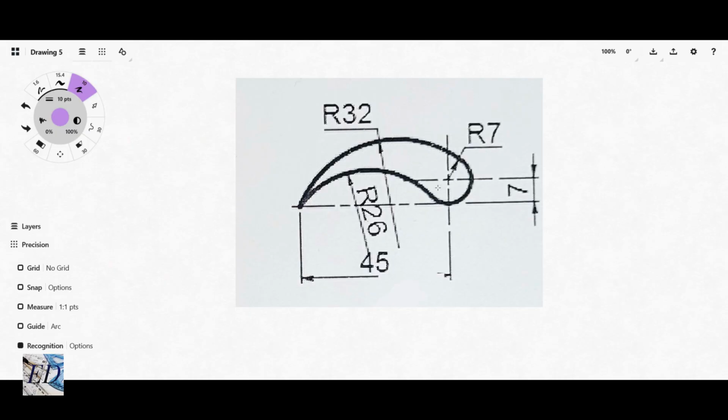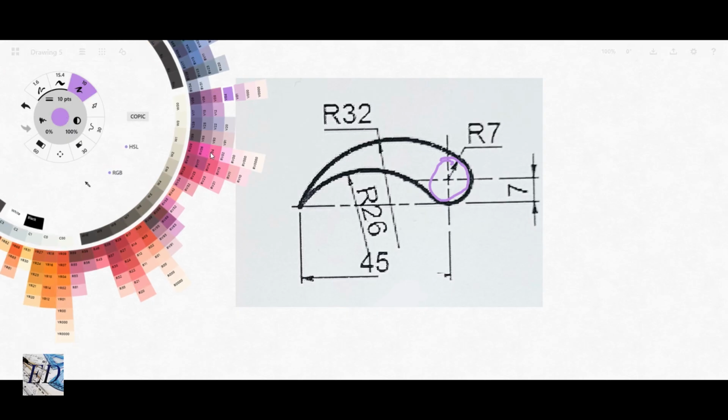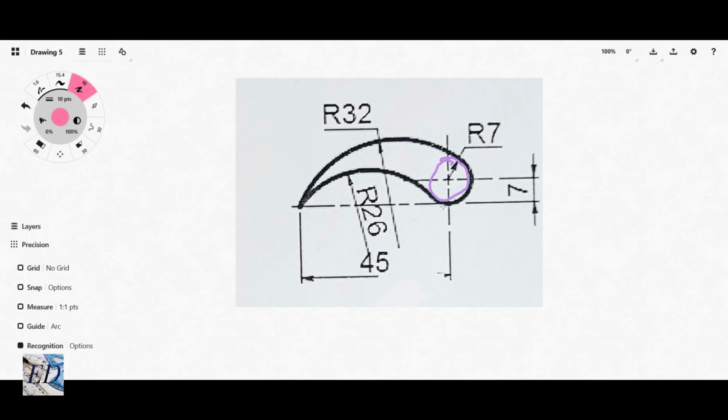So this circle has a radius of 7 millimeters, right? And we have this particular one touching it externally. So this with a radius of 26 millimeters touches externally here.